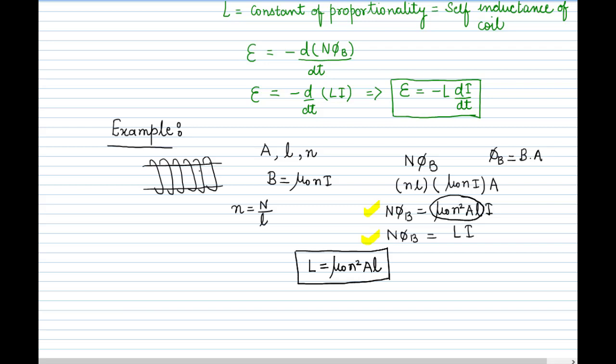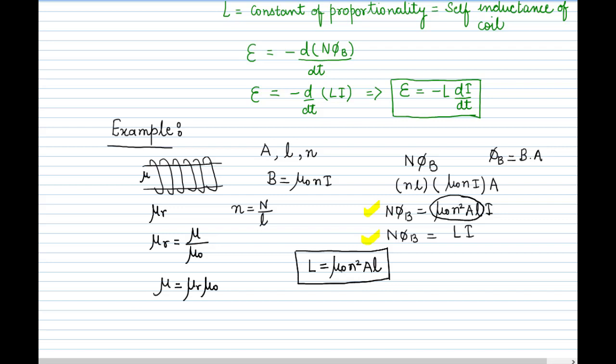And if inside the solenoid we put any magnetic material whose relative permeability is mu R, and the relative permeability mu R is given by the permeability of the material divided by the permeability of free space. So if we are having any material here whose permeability is mu, mu is given with the value mu R into mu naught.